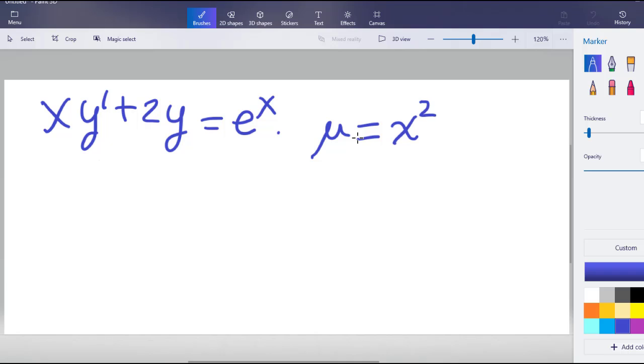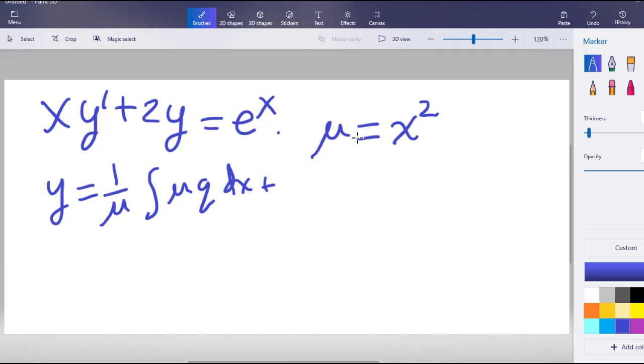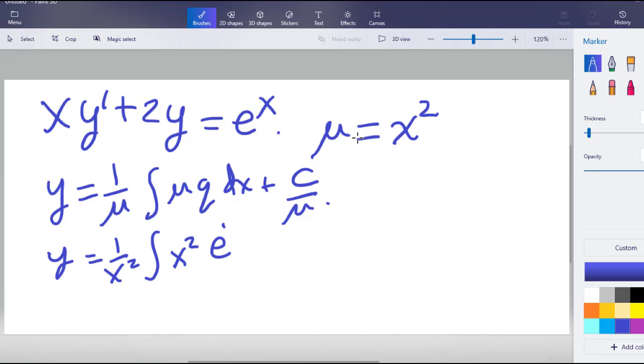With our integrating factor of x squared, you need to remember the formula now. y is 1 over mu, the integral of mu q, plus the constant of integration divided by mu. So on this particular problem, we have 1 over x squared, the integral of x squared e to the x divided by x dx, plus c divided by x squared.